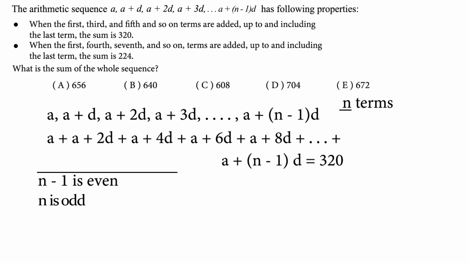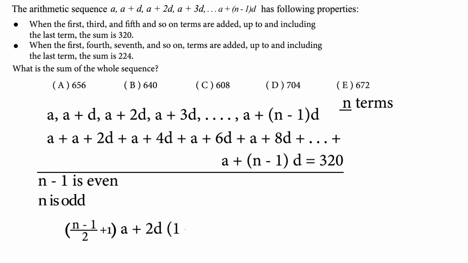So now let's sum this all up. How many a's do we have? Well, we've got n minus 1, we divide that by 2, and we add 1 to it. That's how many a's you have. And then from these 2d's, 4d's, 6d's, we can factor out a 2d.